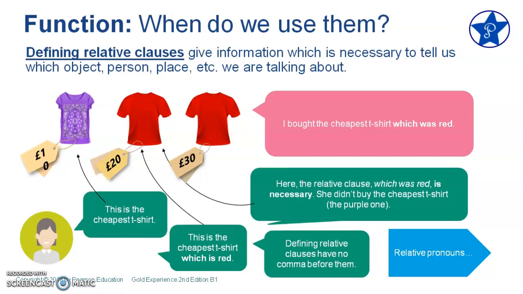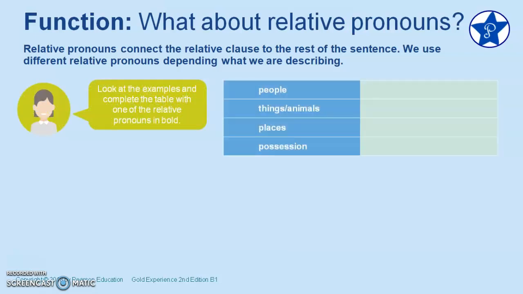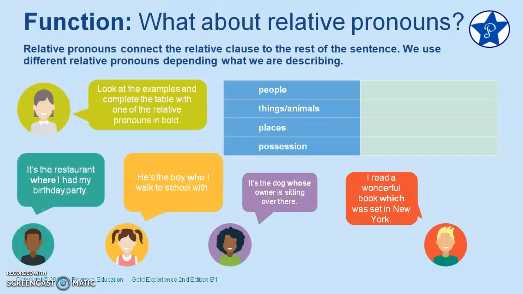Now let's have a look at relative pronouns. Relative pronouns connect the relative clause to the rest of the sentence. We use different relative pronouns depending on what we are describing. Look at the examples and complete the table with one of the relative pronouns in bold.